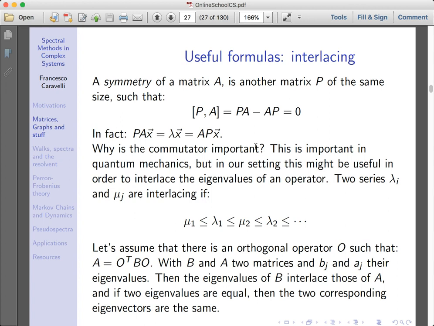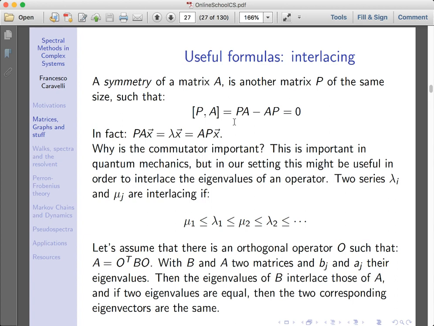Here is another slide about properties of eigenvalues, and this is about interlacing. You can use commutators to infer properties of eigenvalues. So, for instance, suppose that the matrix A has a certain symmetry, and by symmetry I mean this, for instance, useful in quantum mechanics.